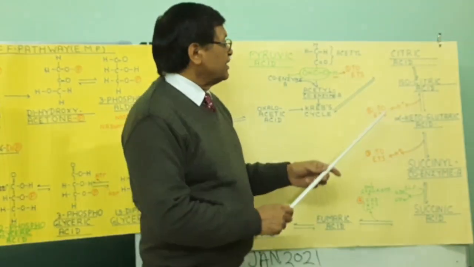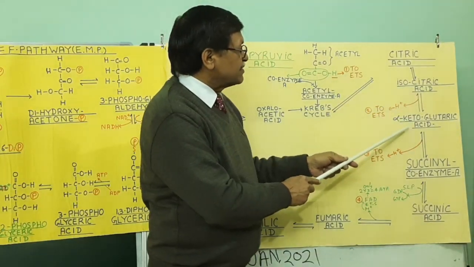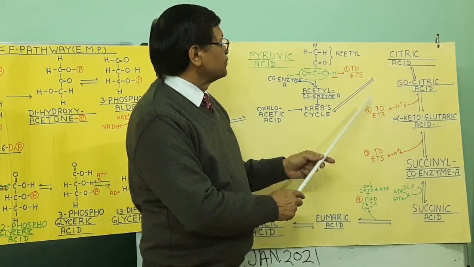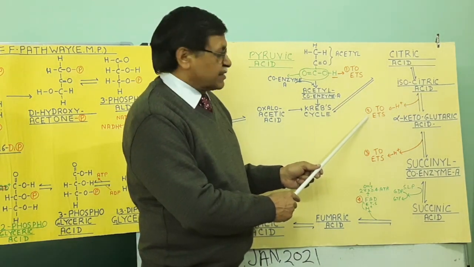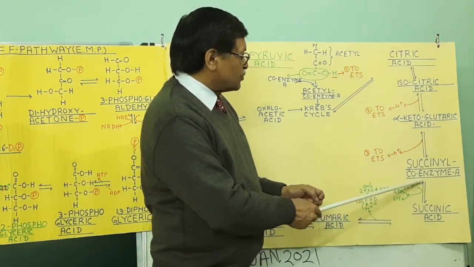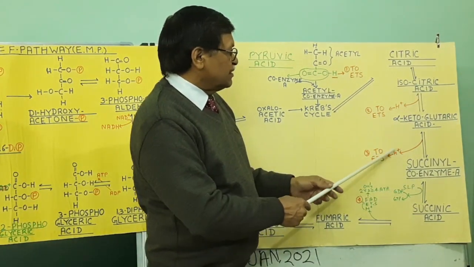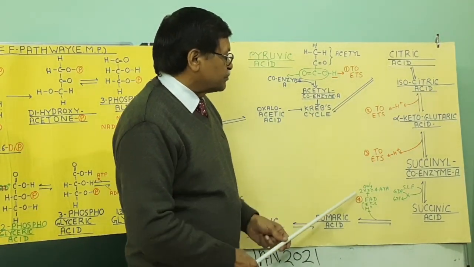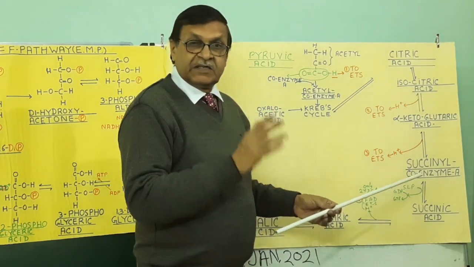So first of all, at the level of isocitric acid and alpha ketoglutarate acid, there is a removal of hydrogen which goes into electron transport chain. Then alpha ketoglutarate acid to succinyl coenzyme A, again the removal of third hydrogen atom which goes to ETS. There is a difference here.